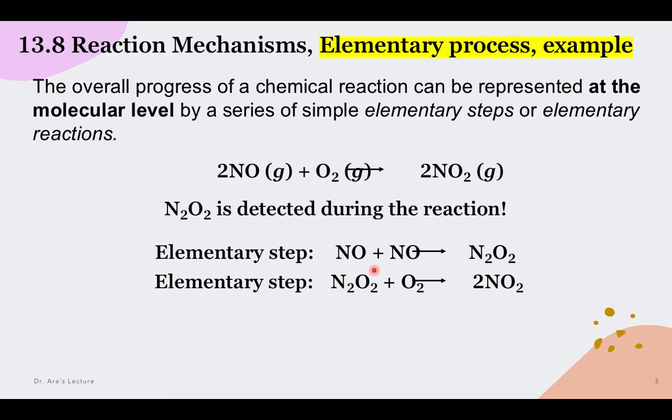As I said in the beginning, when we see the overall reaction, we can calculate the overall reaction rate and have the coefficients by balancing the reaction, but we never know what is going on in the total procedure: the breaking of the old bond, the formation of the new bond, when the molecules collide, when their orientation is not proper, or because of their orientation some transitional molecules form.